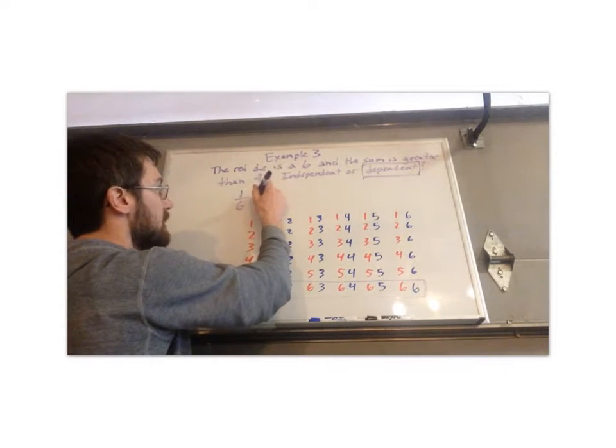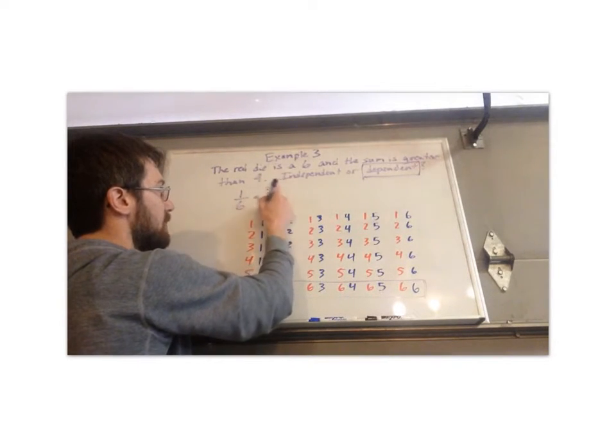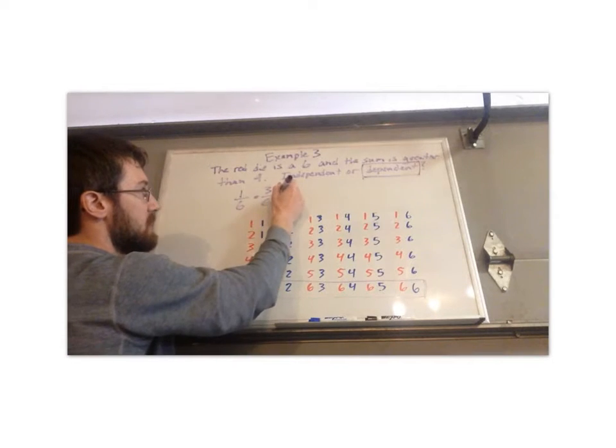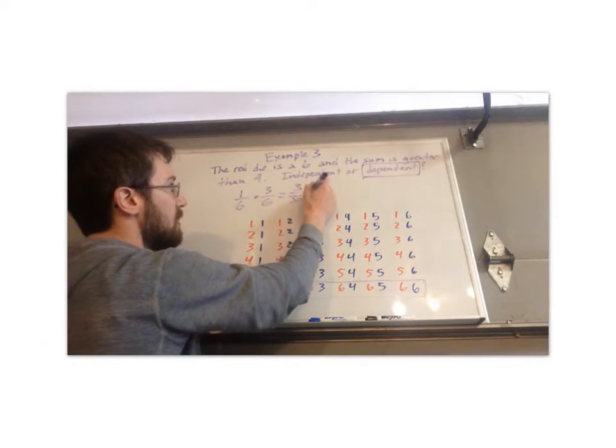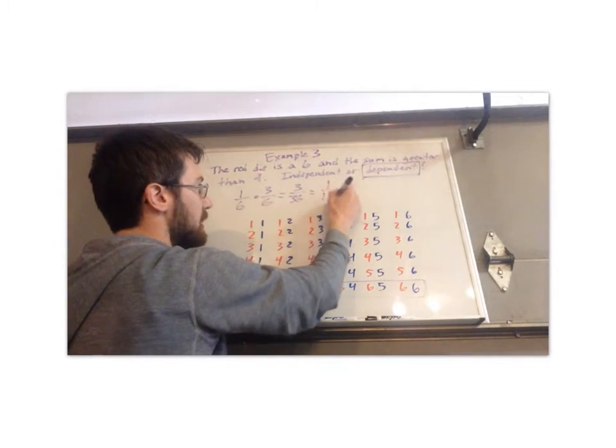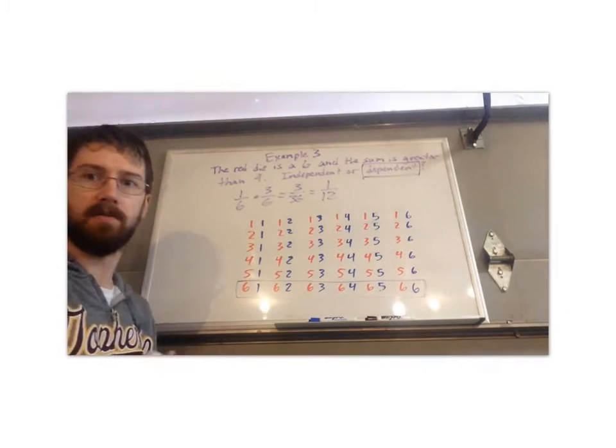So that's going to be a 3 out of 6. And when you multiply these together, that would be a 3 out of 36, which reduces to 1 out of 12. 1 out of 12 for that one.